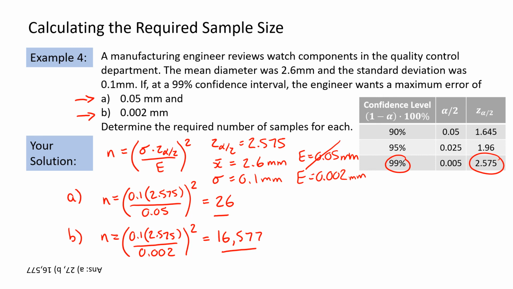And what you might decide is, maybe I need to change something in my manufacturing to reduce my standard deviation. If my standard deviation is 0.1 millimeters, maybe it needs to be a little bit tighter if I really want components within an error value of that.